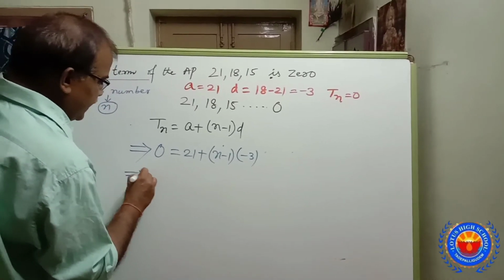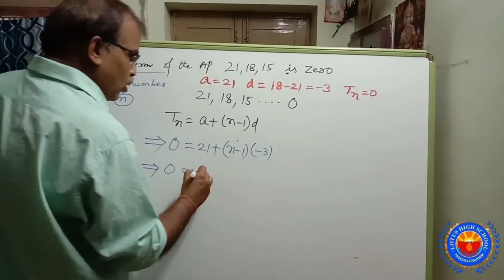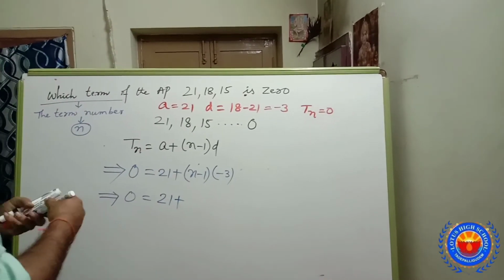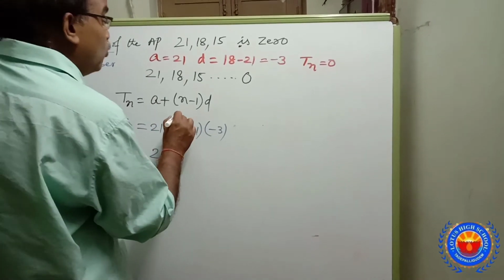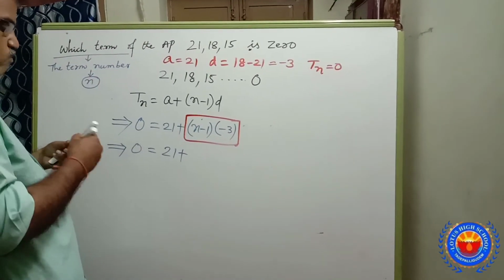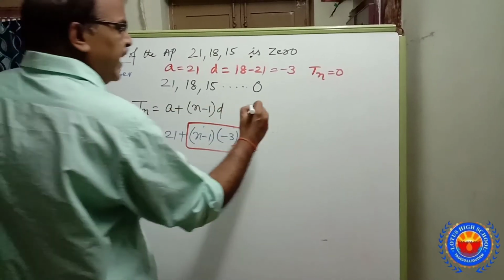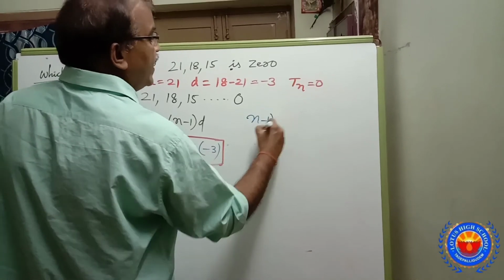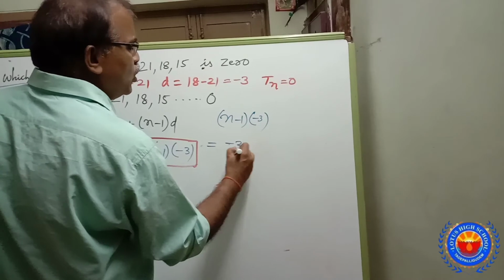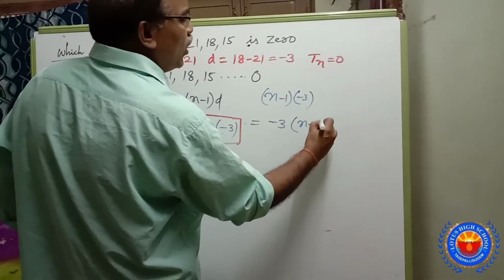That implies 0 is equal to 21 plus n minus 1 into minus 3. Carefully do this multiplication. You may get confused, otherwise you write minus 3 into n minus 1.